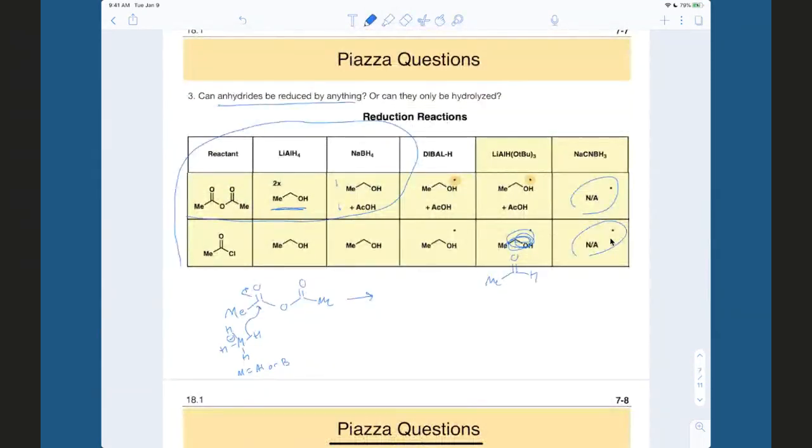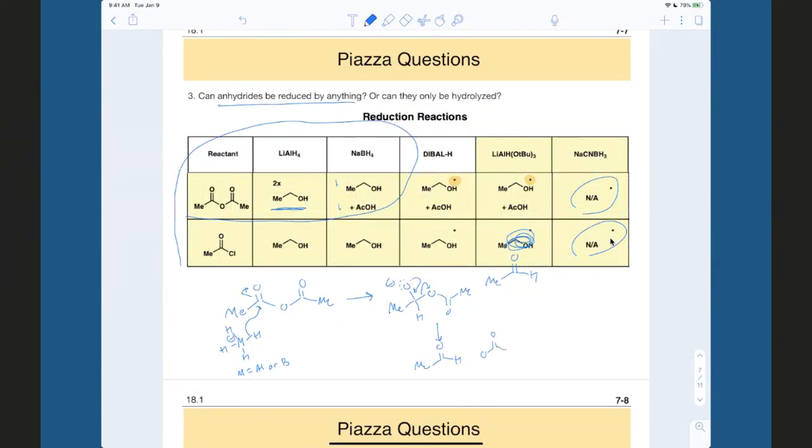They're more along the same lines as a ketone, so we can reduce them. We're going to make a tetrahedral intermediate that now has a good leaving group. These acetates are going to be very good leaving groups. This will be able to go down and leave. Along the way, we're going to make a new aldehyde.